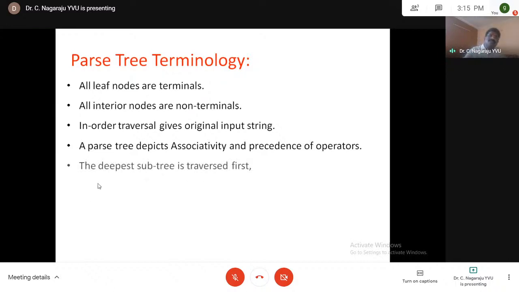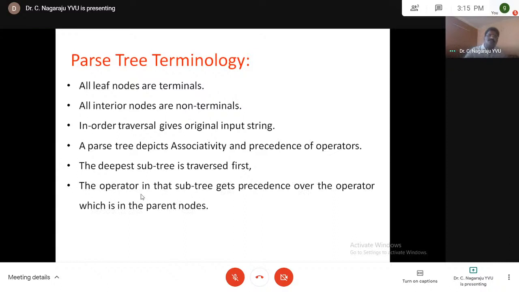Next, the deepest subtree is traversed first. Deepest means the tree may contain a number of levels, and the last subtree will be executed first. That means execution starts from the bottom and goes to the top. The operator in the subtree gets precedence over the operators in the parent node.